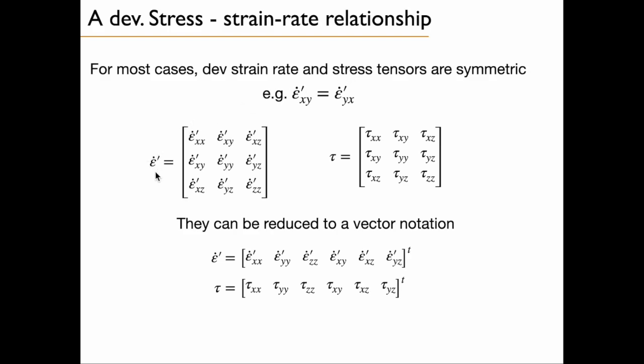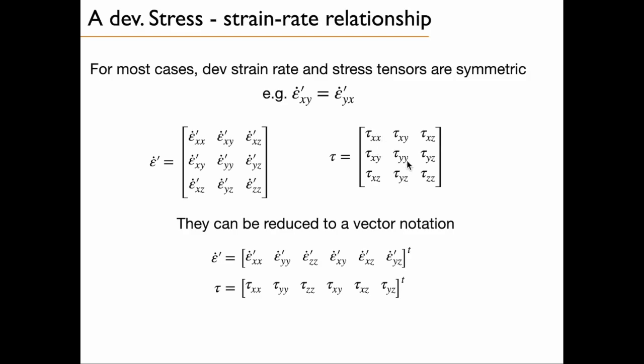So if you write up the table, so you have the strain rate and you take the deviatoric part of this strain rate, all the normal terms, epsilon xx, yy, and zz, their sum should be 0 because it's a deviatoric tensor, and the terms are symmetric. The same applies for the deviatoric stress.